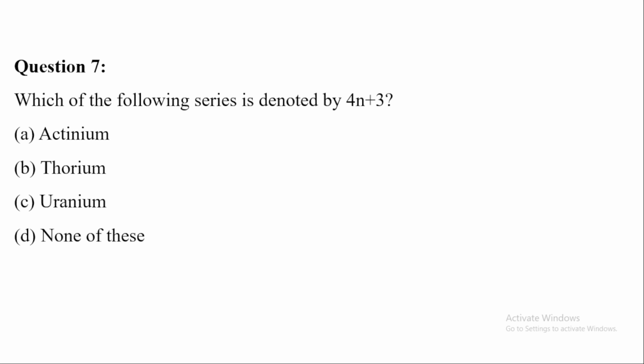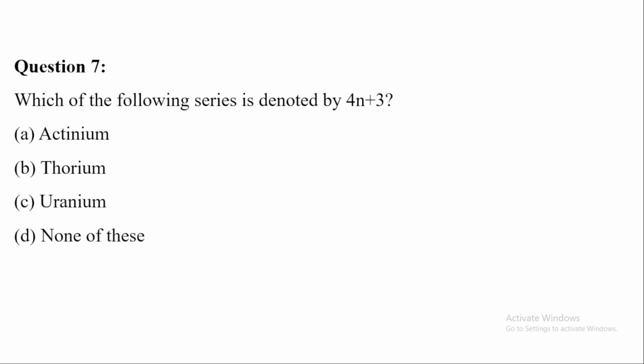So n is basically related to the atomic mass number. If you divide the atomic mass number by 4, and it is completely divisible by 4, it will be 4n. If it has 1 as the remainder of the division, it will be 4n plus 1, 4n plus 2, 4n plus 3, like that.